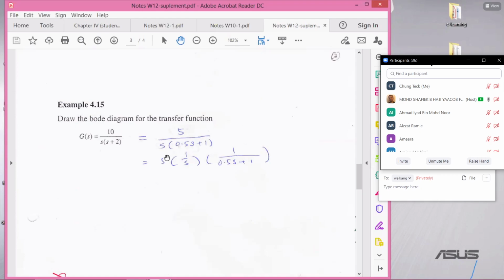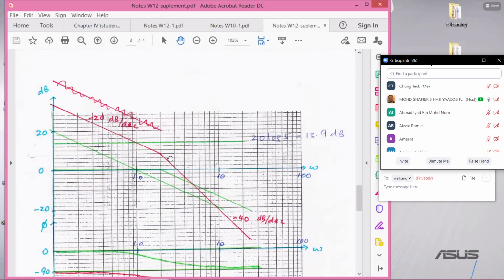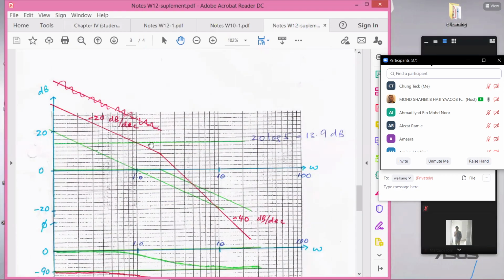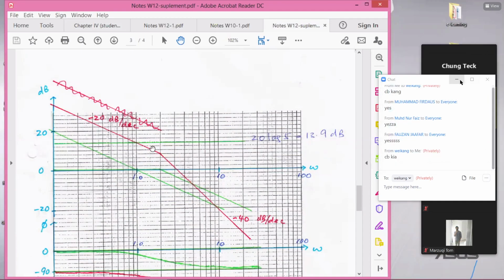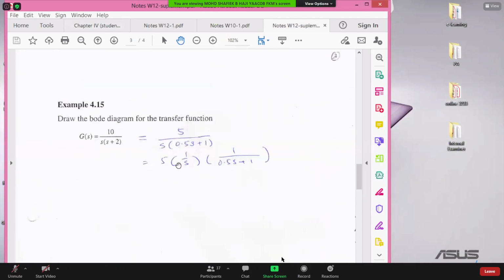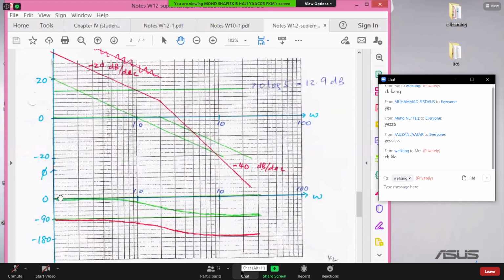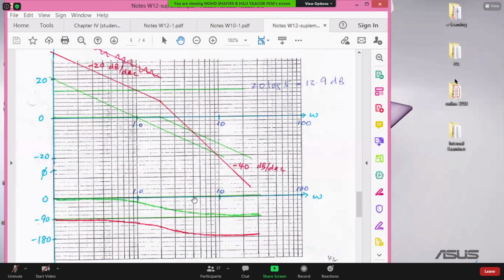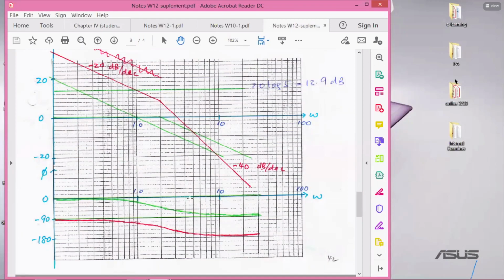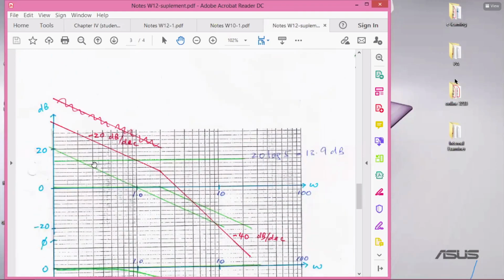So 20 log 5 is that. So the green line here is 20 log 5, about 14 decibel. Okay, so that's your first line. So the phase angle for a constant k is just 0. So you have that 0, the green line there. It's not going to affect your phase angle. So this is 20 log 5.